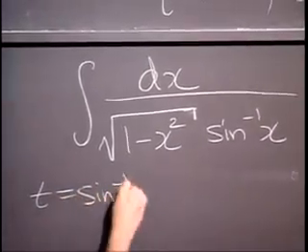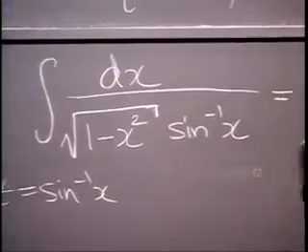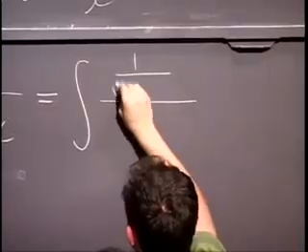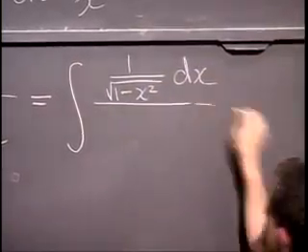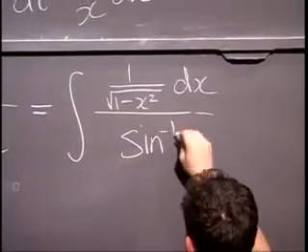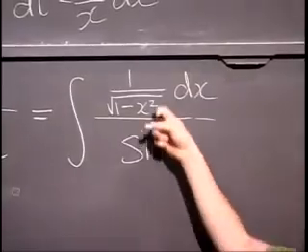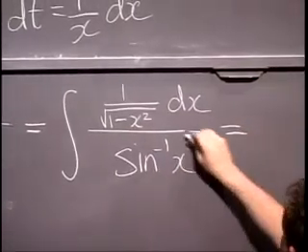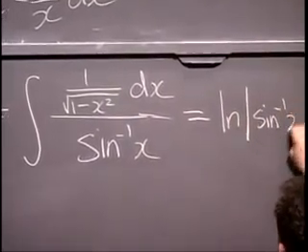And again, it's worth just trying and convincing yourself. But the other sneaky way to do it is exactly what we did before. Just bring that 1 over square root of 1 minus x squared into the numerator. And now notice that the derivative of inverse sine is exactly this numerator. So the answer is just natural log of inverse sine x.